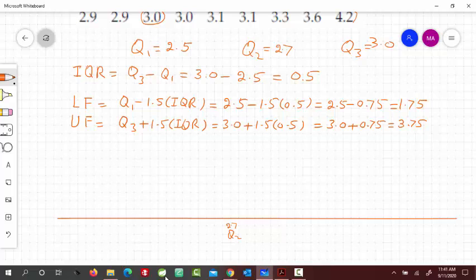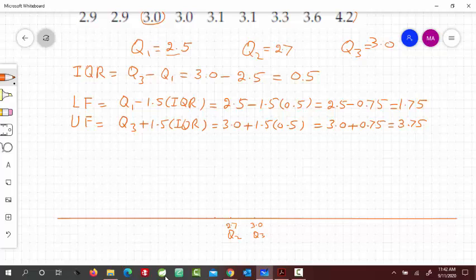And then Q3 is 3.0, right? So if this is 2.7 here, 2.8, 2.9, and then 3.0, that's Q3.